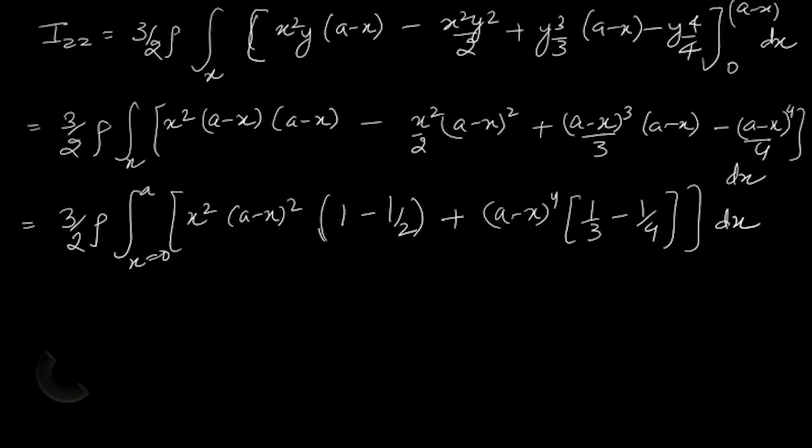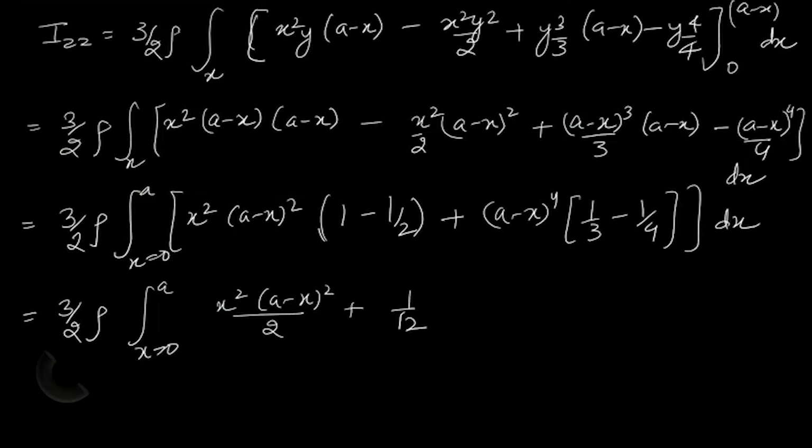This bracket closes and then dx. So we get 3 by 2 rho, x is equal to 0 to a, x squared (a minus x) whole squared over 2 plus 1 over 12 and then (a minus x) whole to the power 4, dx.